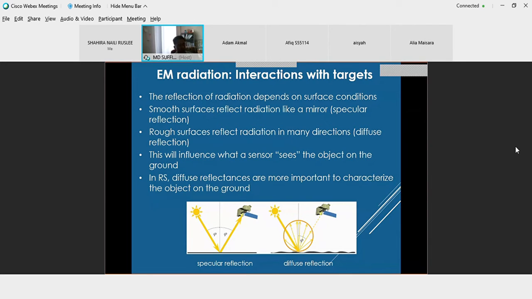Rough surface will produce diffuse reflection. This will influence what the sensor sees, the object on the ground. So dia bergantung kepada apa nama objek. So dalam remote sensing biasanya, diffuse reflection dia akan bagi the characteristic of the object.